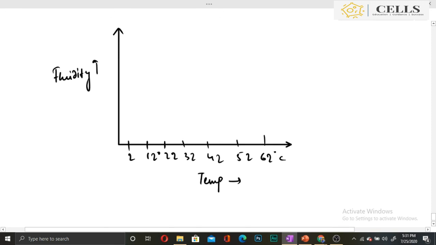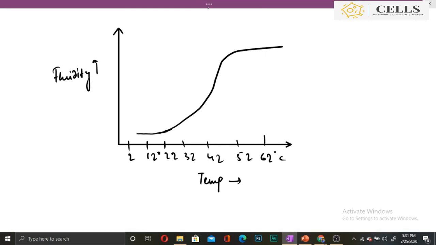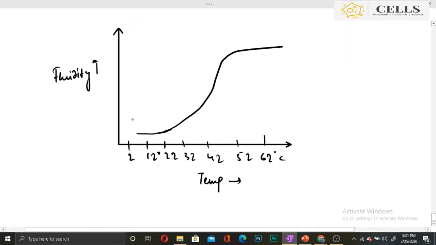Now when there is no cholesterol, if you increase the temperature, the fluidity will go from the gel form to the sol form, right?